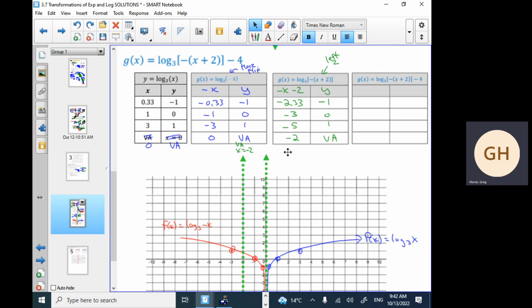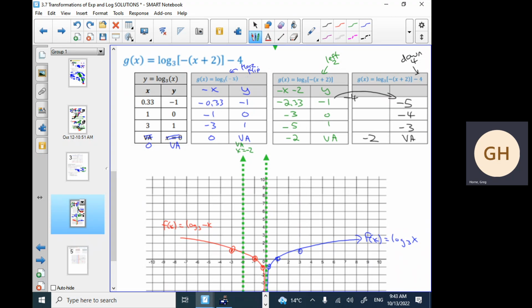And then we have a vertical shift, down 4. Let's do that at the same time. We're going to subtract 4 from it, so subtracting 4 becomes -5, -4, -3, and our vertical asymptote information doesn't change from that negative 2.